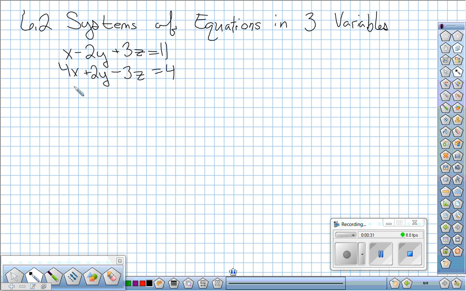And then we're going to have a third equation, 3x plus 3y minus z equals 4.